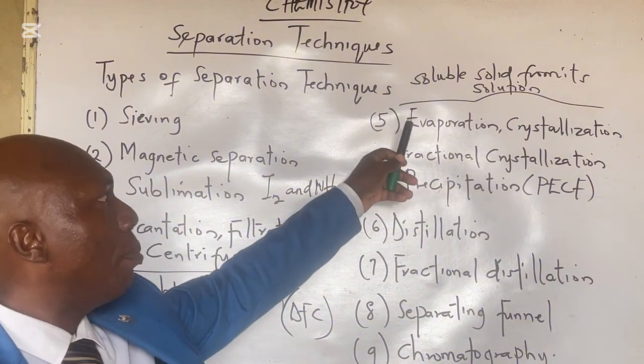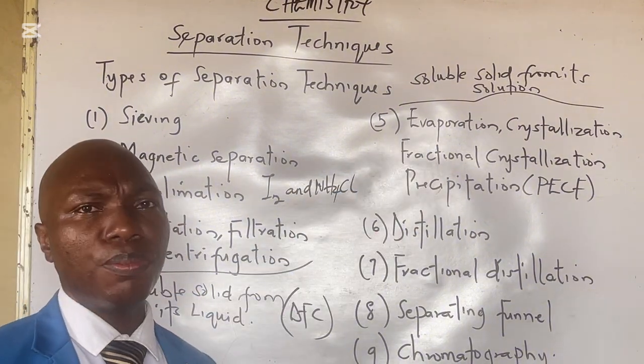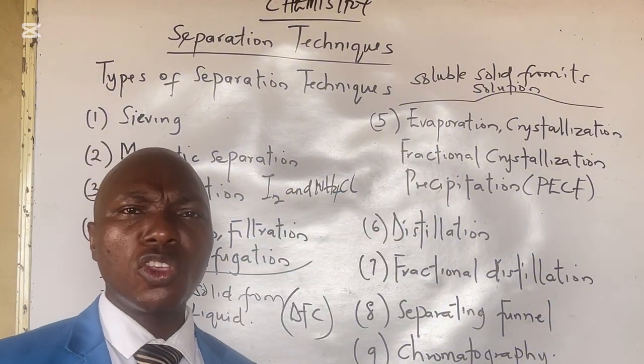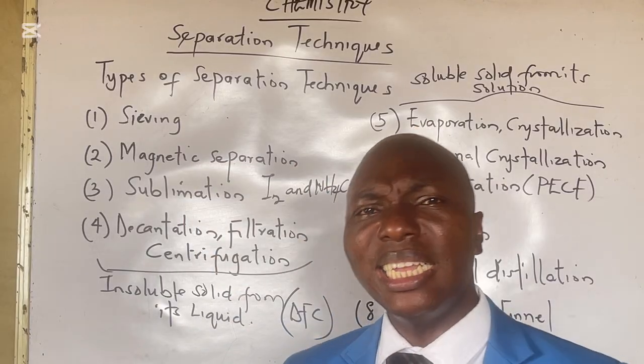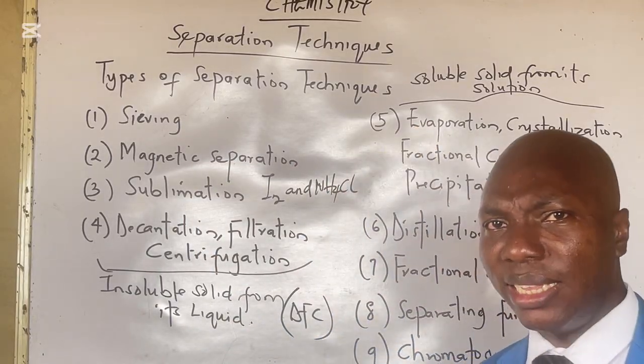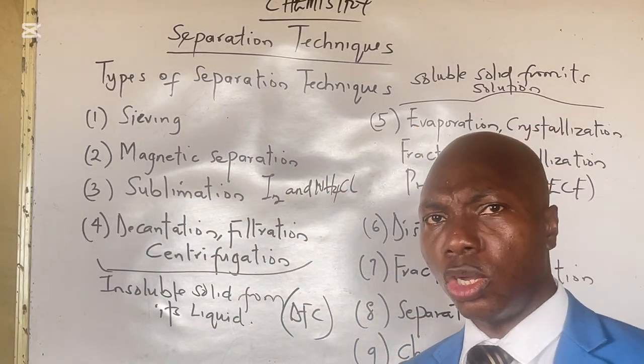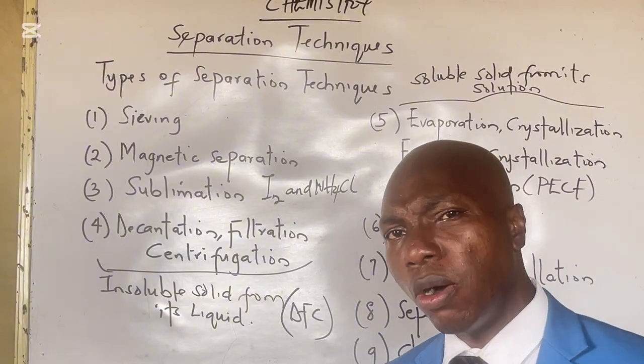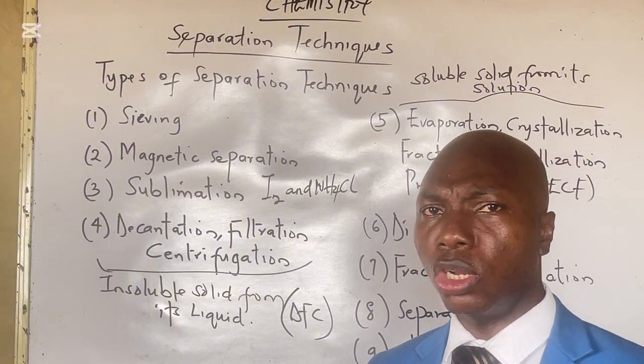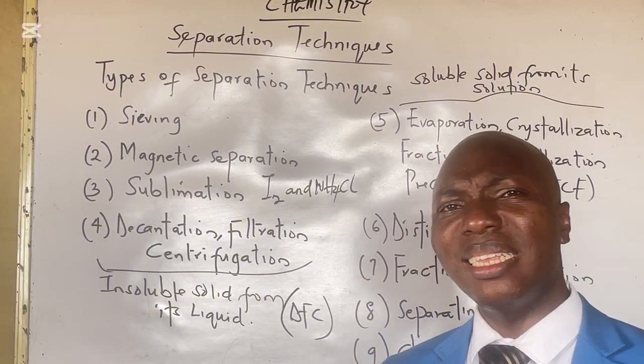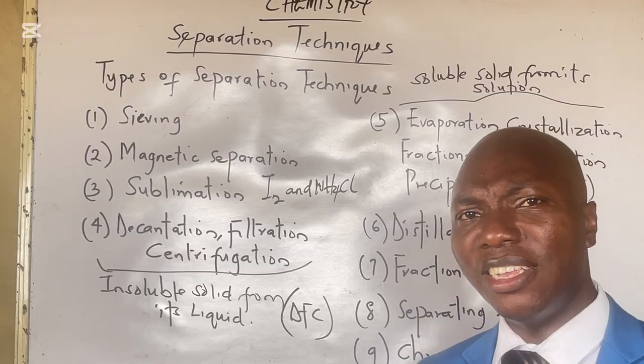Crystallization is also used to separate soluble solid from its solution. There are substances that can easily decompose on heating from their solution. Salts which can decompose easily from their solution can be separated easily using crystallization.